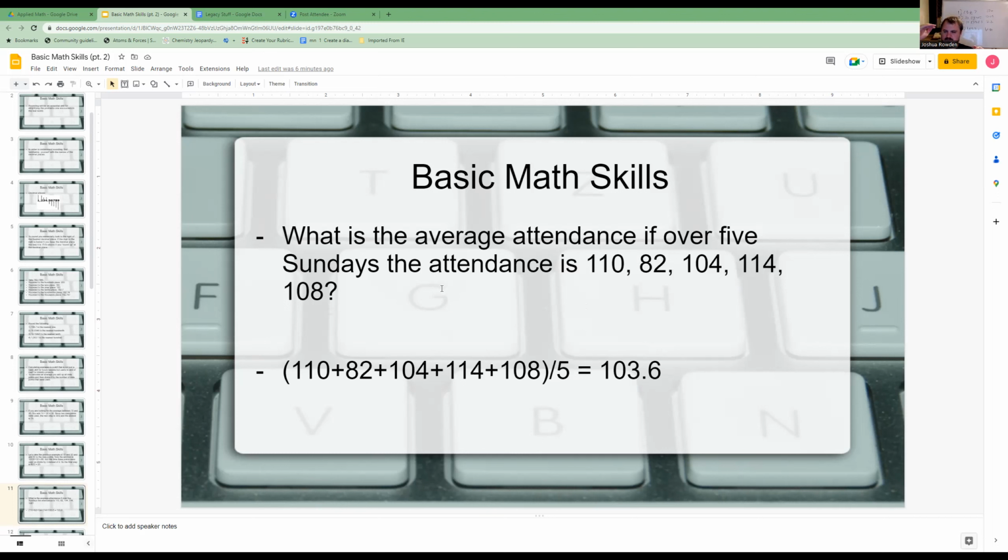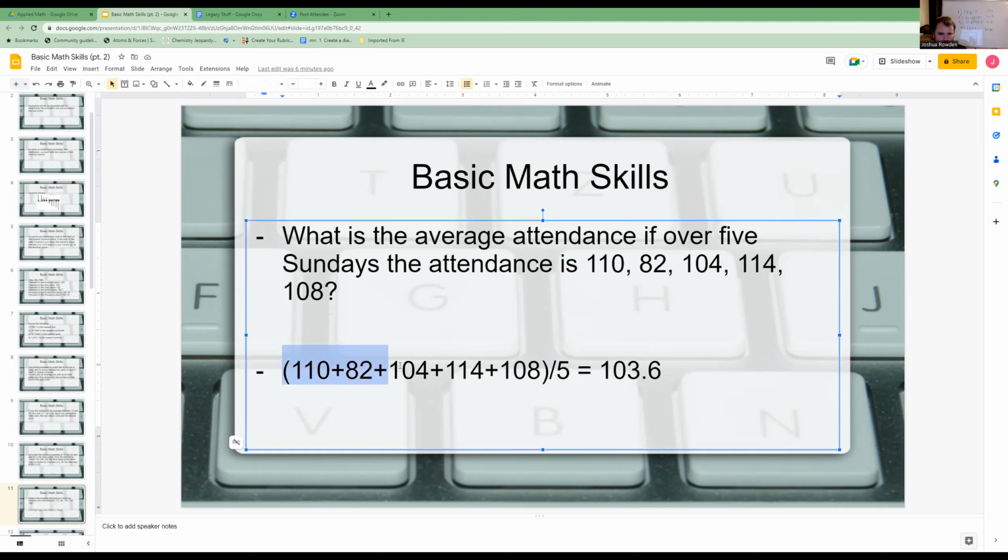Or what's the amount of people that if that exact amount came every time, it would get us the same total? So how many data points do we have? We have 1, 2, 3, 4, 5. So you'll take all 5 of those numbers, add them up, and then once you get your total, divide it by 5. When you do it here, you end up with 103.6.